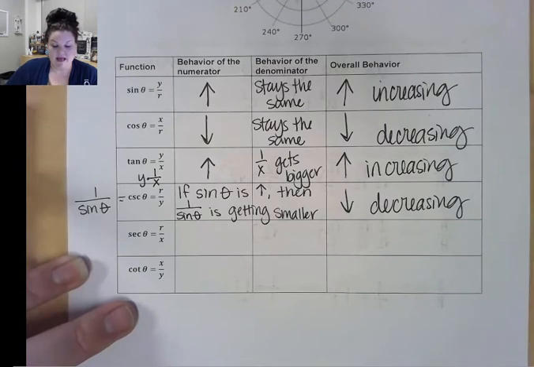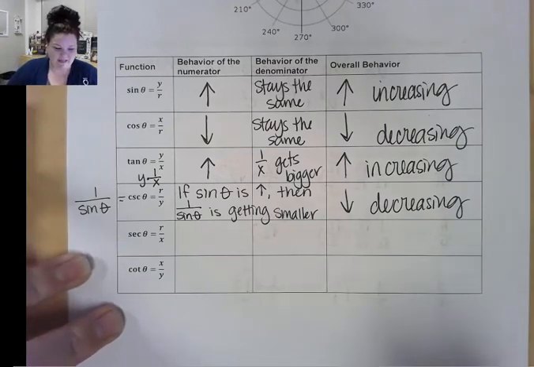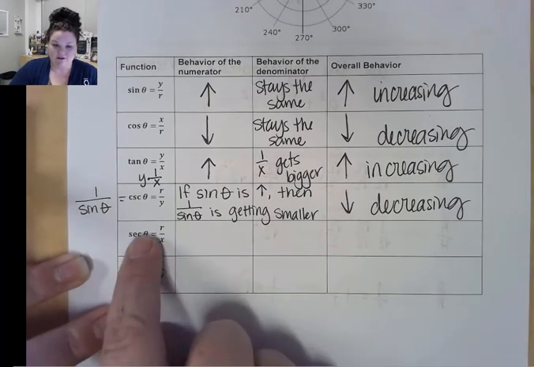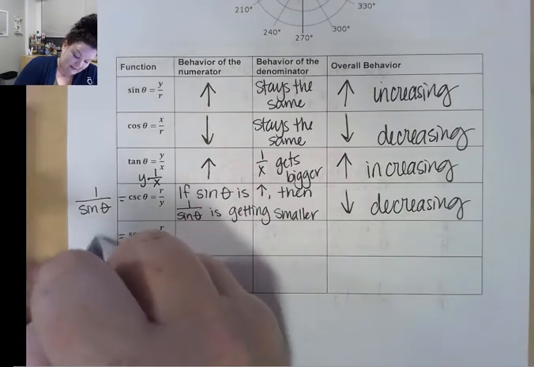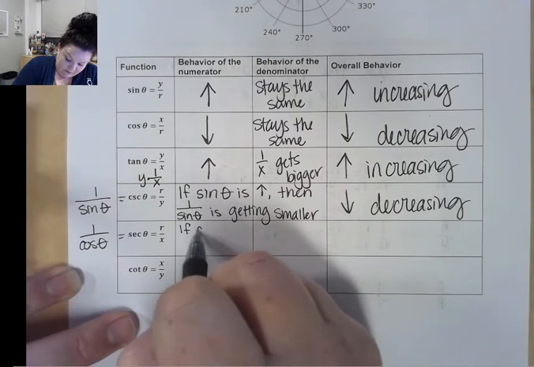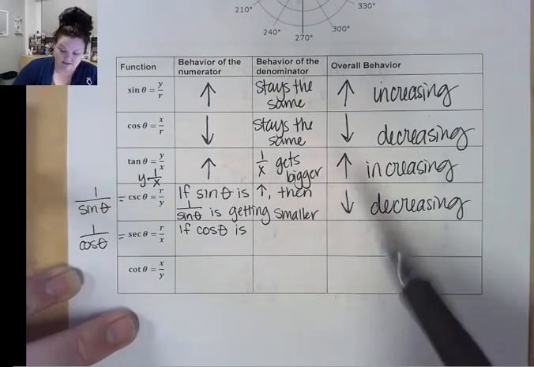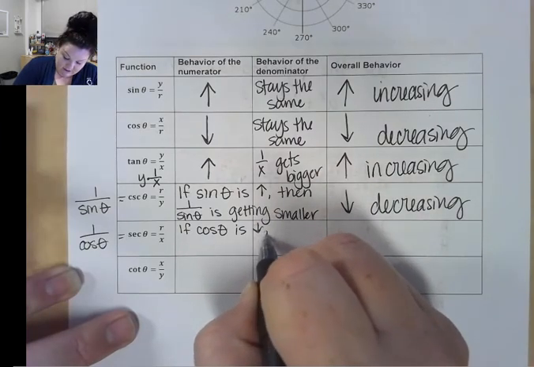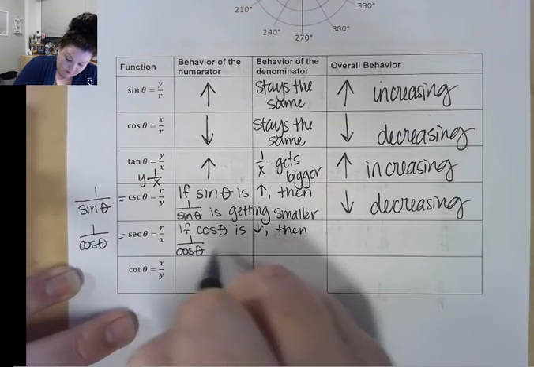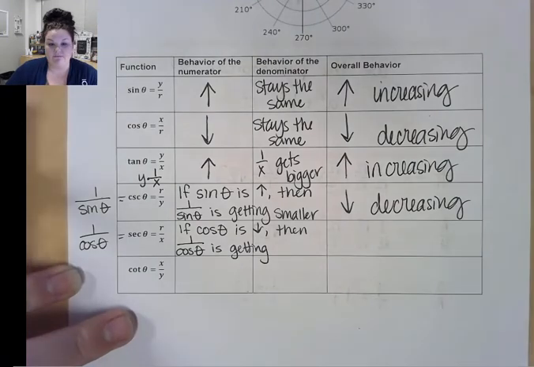Okay. And by the same thinking, I can do the same thing for secant and cotangent, right? Secant is the same thing as 1 over cosine theta. So if cosine theta, notice we found that cosine was decreasing, cosine theta is decreasing or getting smaller, then 1 over cosine theta is getting, what do you think?